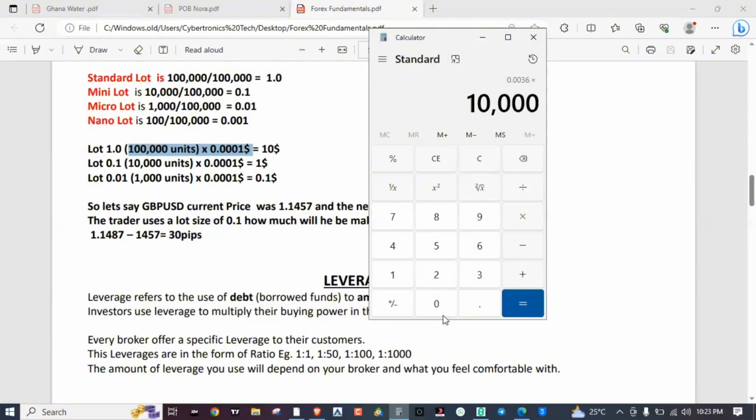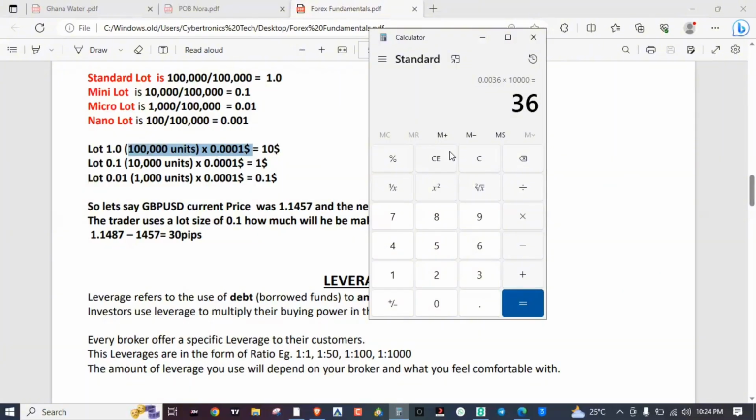That's the mini lot size. Now look at how much he will make: 36. Because that one has the same value of $1. That's why they call it the dollar size lot. So you can see that the same trade, same accuracy, probably the same strategy, but someone is making 360, another person is making 36.